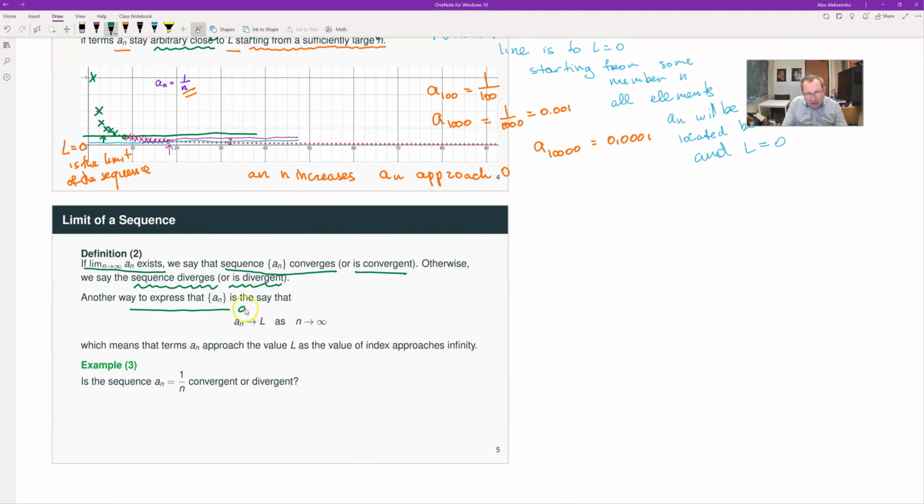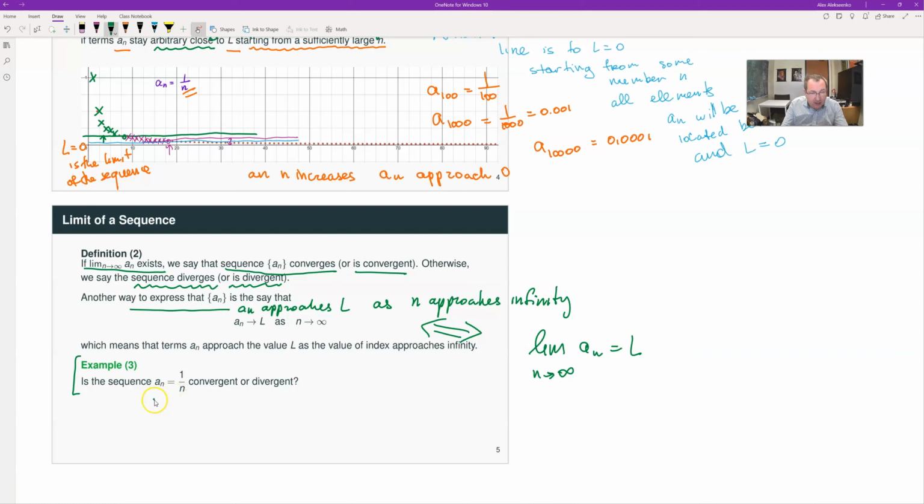We can say that a sub n approaches L as n approaches infinity. That means the same as the limit as n goes to infinity of a sub n equals L. These are absolutely equivalent notations.